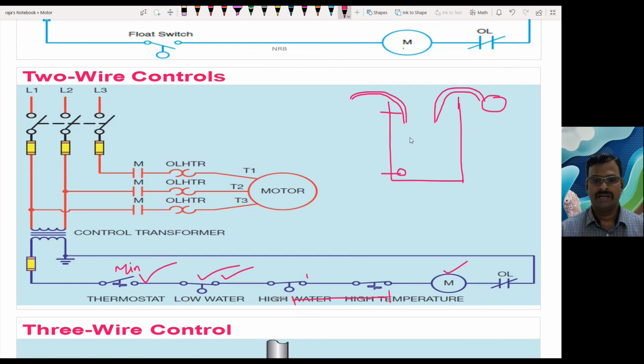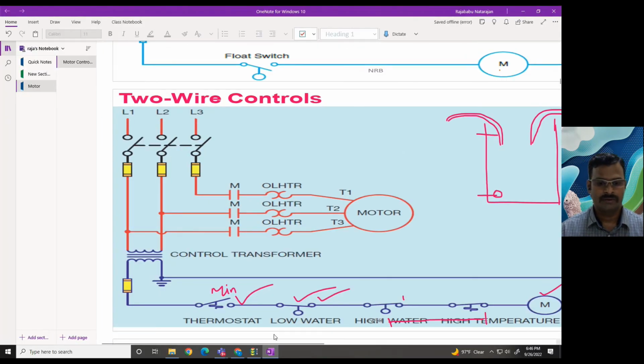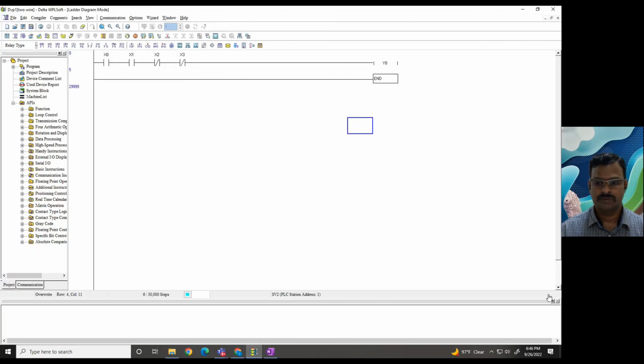Let us see the ladder for this particular application in the PLC. This is the ladder for the said program. I'm going to show you how this is going to work.